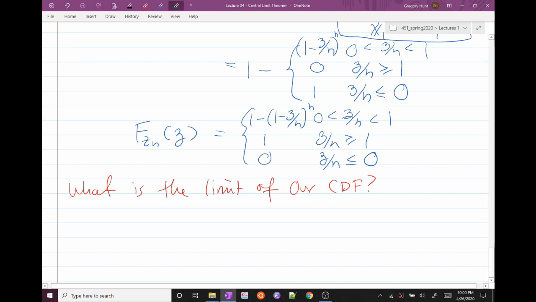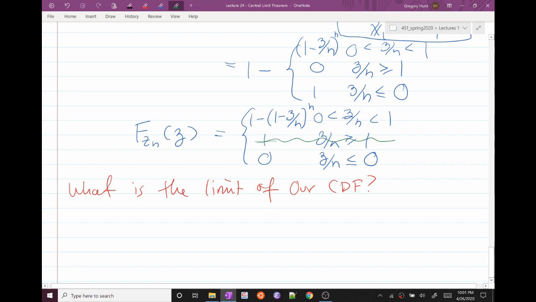As n gets larger and larger, we're never going to run into the case where z over n is always bigger than or equal to 1. Otherwise, z would have to be bigger than every positive integer, so we don't really have to worry about this case as much.